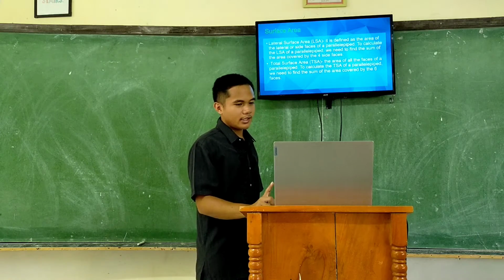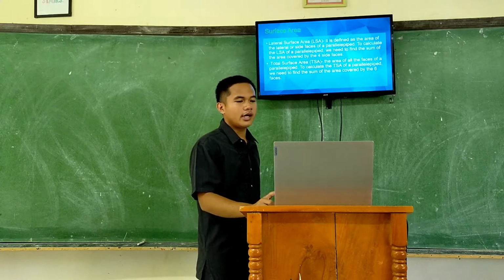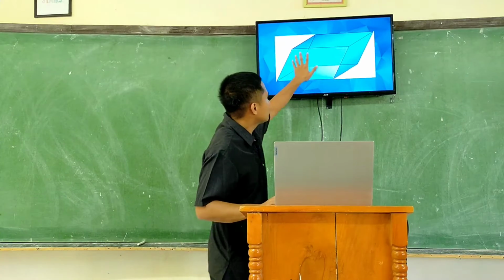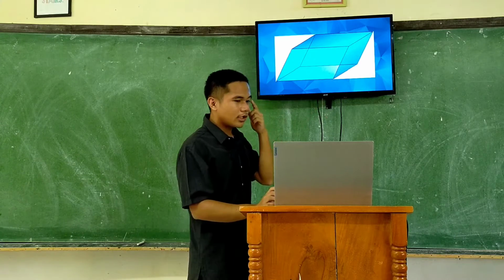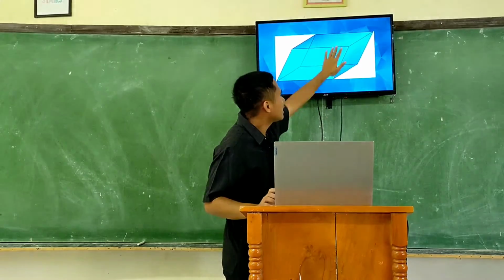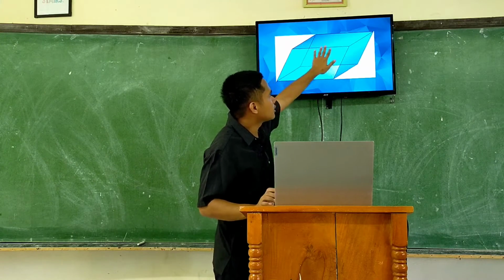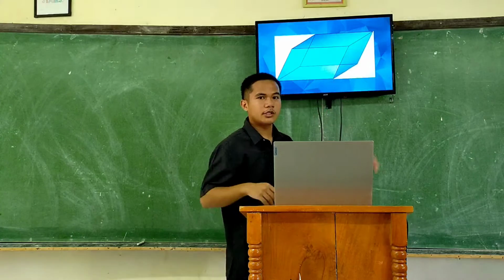To calculate the TSA, we need to find the sum of the area covered by the 6 faces. So, kung yung LSA ay dito lang sa side or yung 4 faces dito sa side, ang total surface area naman ay lahat ng 6 faces, kabilang na yung base at yung upper base.